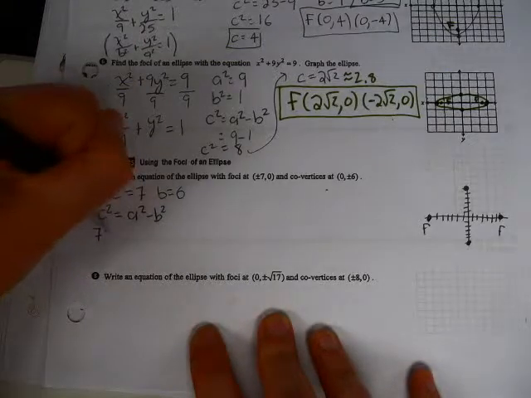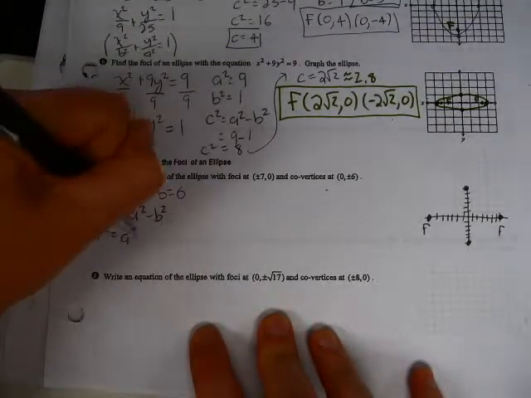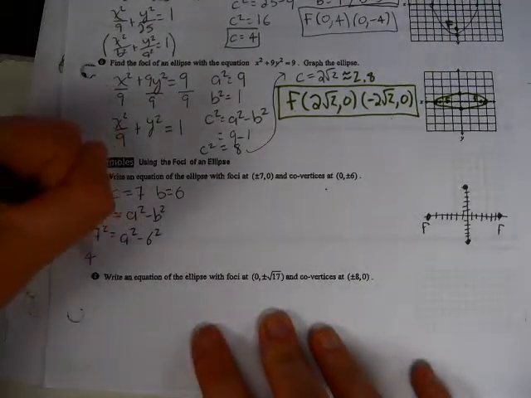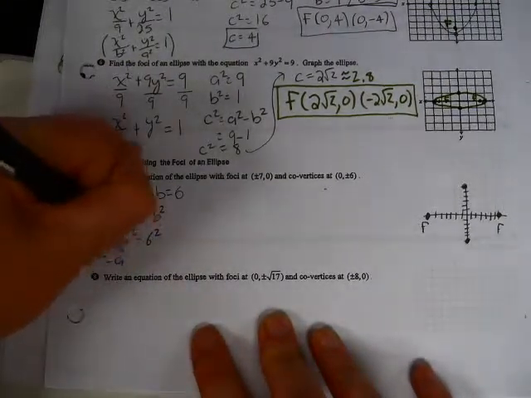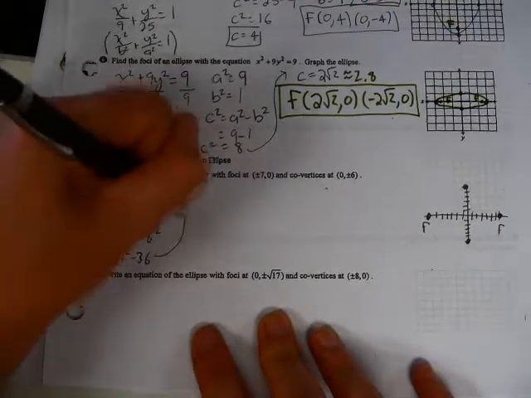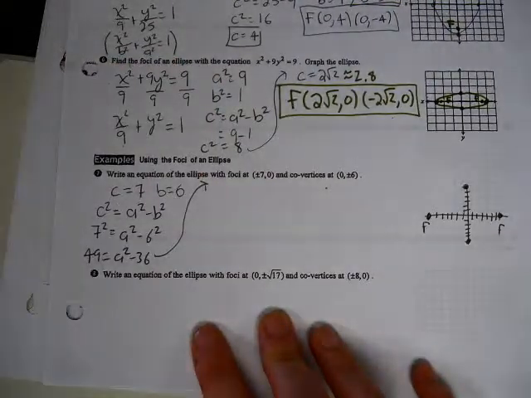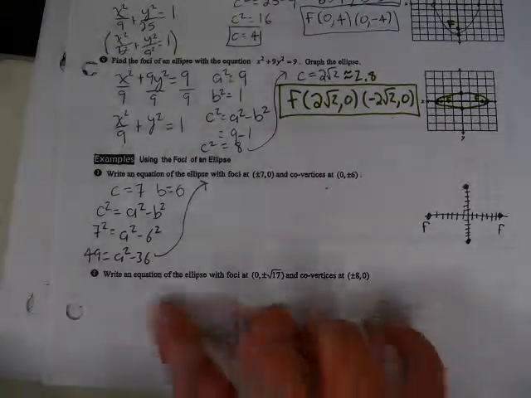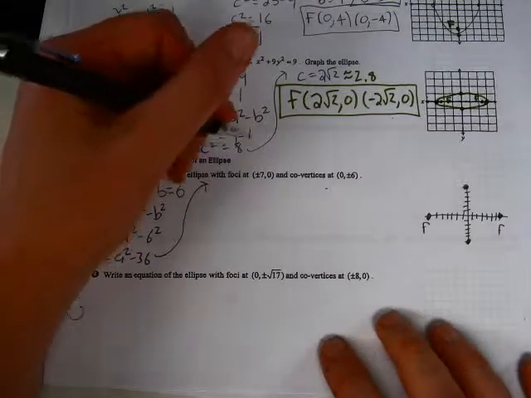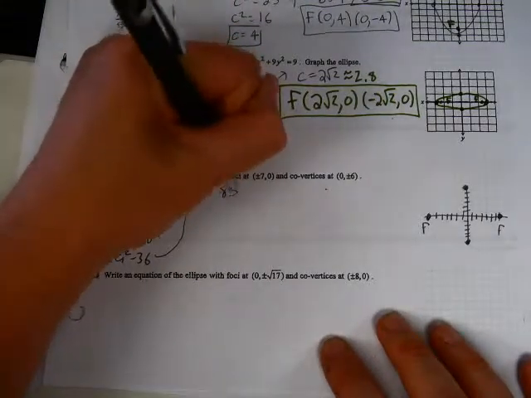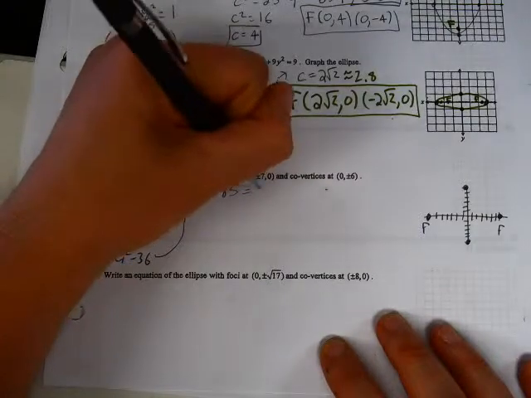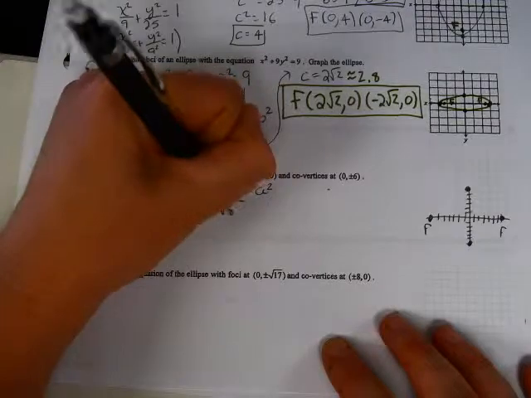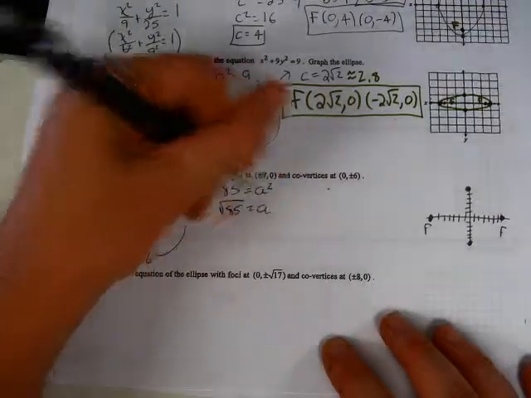So 7 squared equals A squared minus 6 squared. 49 equals A squared minus 36. Add 36 to both sides. 85 equals A squared, and the square root of 85 equals A.